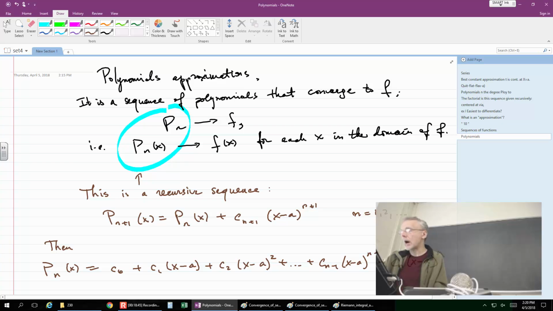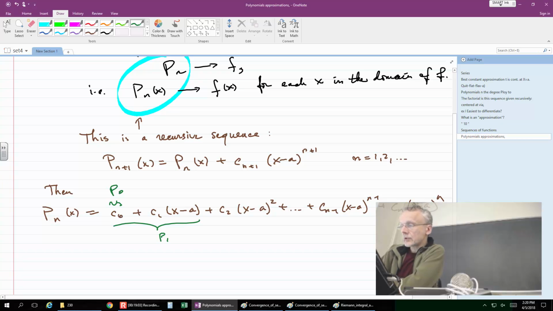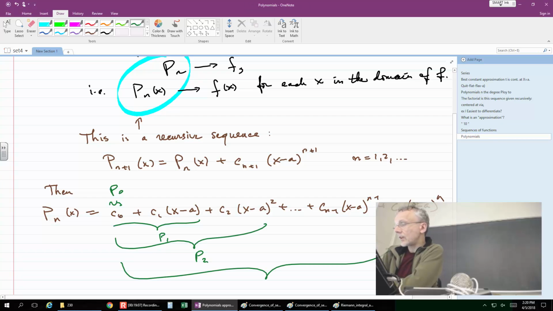Okay, so that's my nth degree polynomial, and then we're talking about recursive sequences. So this is P0, this is P1, this is P2. This is P(n-1). Like I said, it is recursive, so we only add one term at a time.